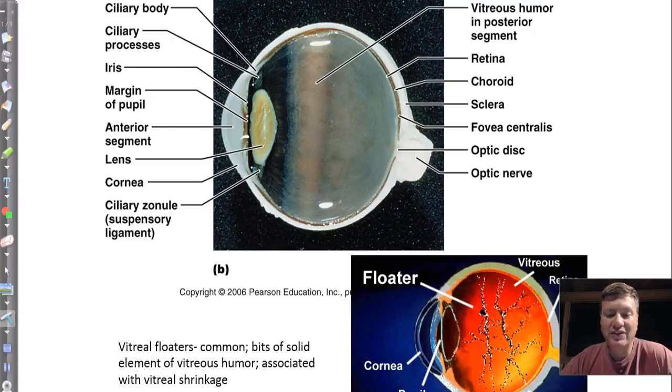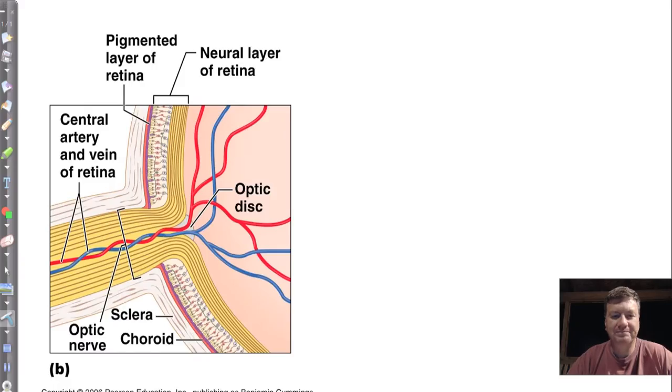It's not dangerous, it's nothing to be too concerned about, but as the vitreal humor changes a little bit and gets a little more compressed and shrinks a little bit, these clumps are more likely to form. So you may hear of that if you work with the elderly, that they're seeing these objects kind of floating in front of their eyes, and you see down here what it looks like in these specks. So as light shines through it, you'll see little teeny shadows from time to time.